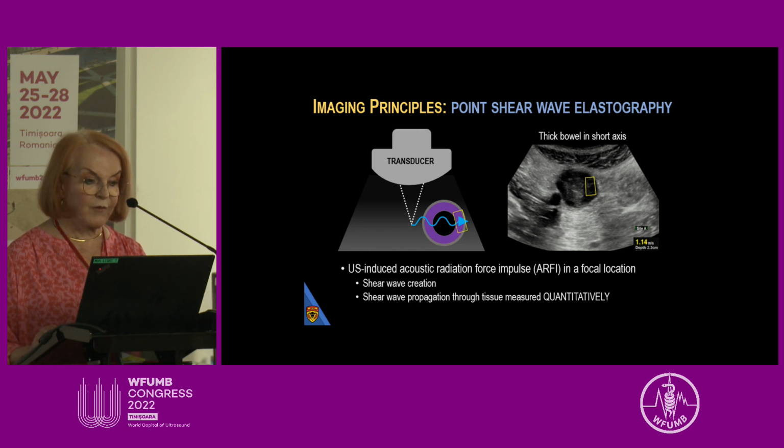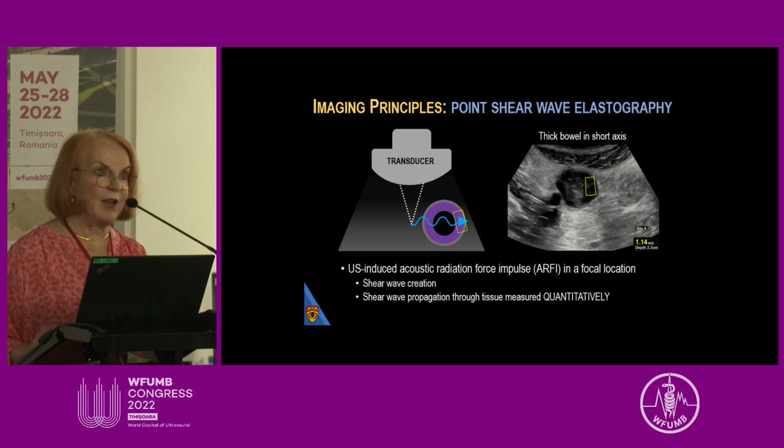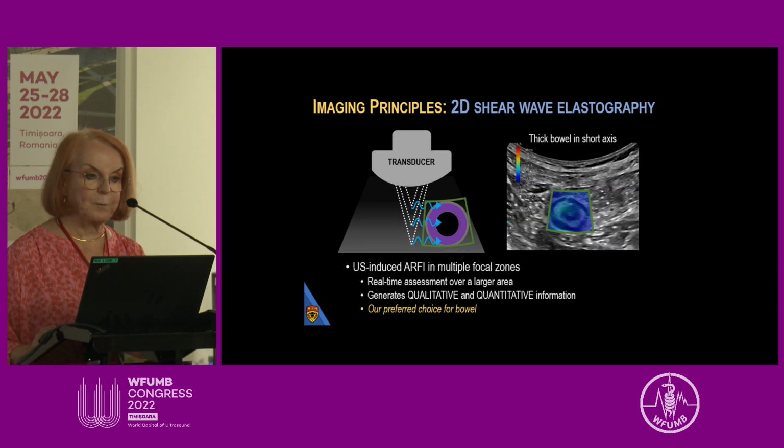They create shear waves, and it's the shear wave propagation through the tissue that's measured quantitatively. The physicists who were originally involved told us that we're measuring the velocity of that wave, so we report it in meters per second, and we don't translate ours into kPa.